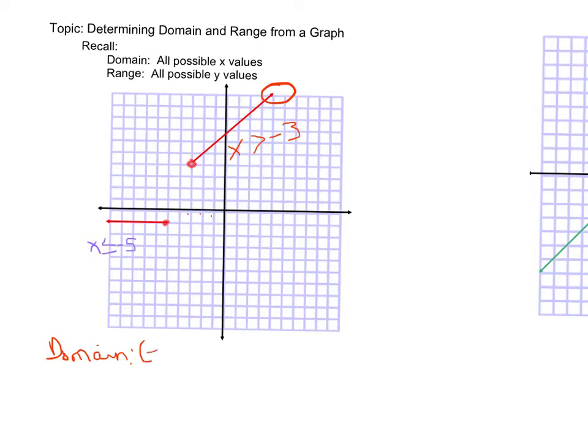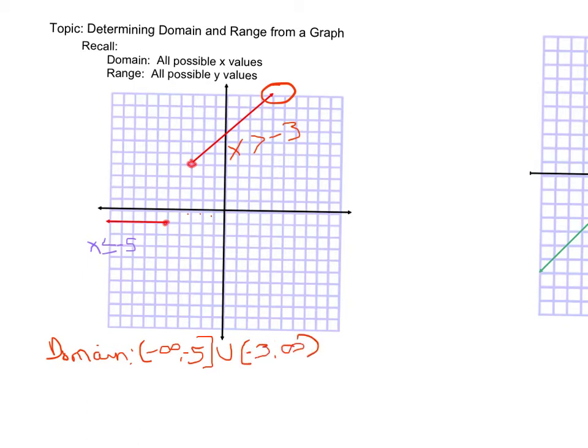I'm going to go from negative infinity up to negative 5, unioned with, because values can be on this other piece, it looks like I'm going to start at negative 3 and actually, hang on, let me back up. Negative 5 with a bracket, because negative 5 is included, unioned with a parenthesis, since it's an open circle, negative 3 up to positive infinity.